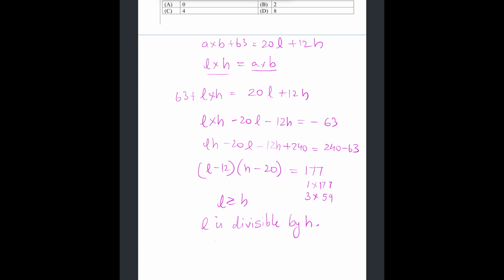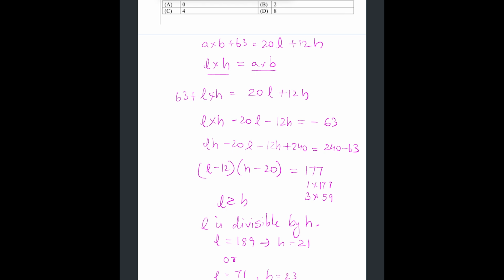Which gives us, if L is equal to 189, H equals 21, or if L is equal to 71, H equals 23.